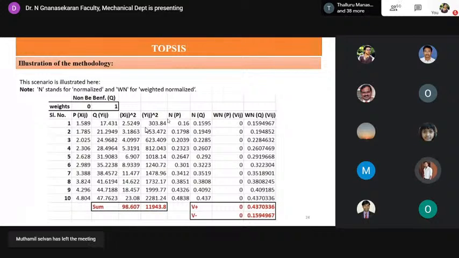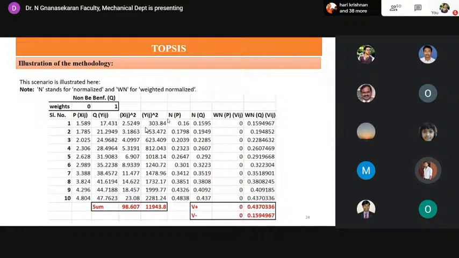For example, we have considered 10 different values of V, and these V values are substituted in the P equation and Q equation. P is the pumping power and Q is the heat dissipation. So P represents the second column, Q represents the third column for different values of the velocities.